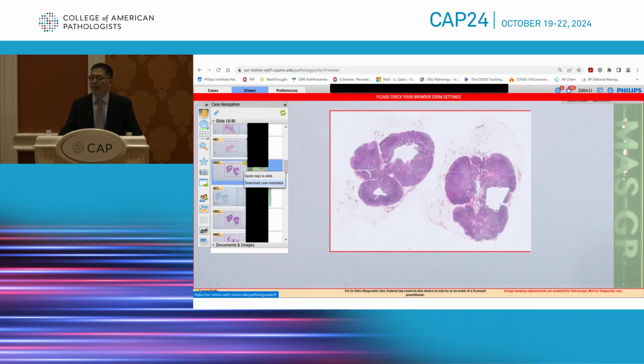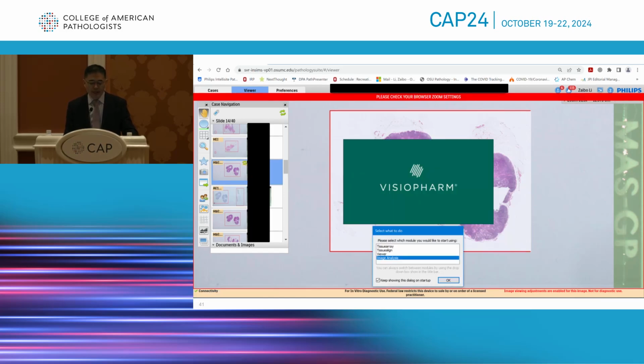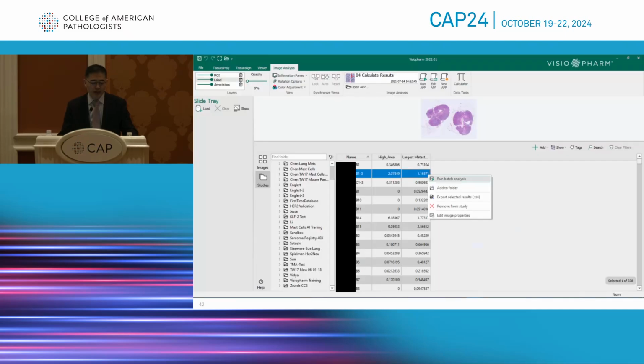When you open a case, it automatically brings you to the specific slides in the IMS. In the IMS, you can click on the left, and you can see the case metadata. This is a very small file, just the slide information. So you can just click that and open the file in the AI platform, so-called VisioFarm.